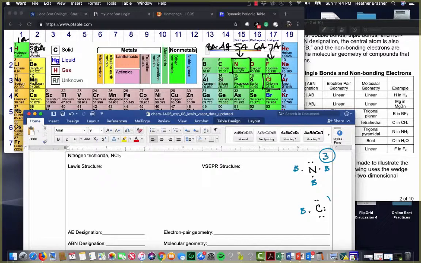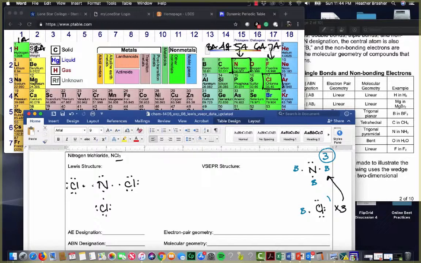Now, if you remember, we don't have just 1 chlorine, we have 3. And if you look, there are 3 spots here where there could be bonds. So let's go over here and write our Lewis structure. We're going to start with the N in the middle, and because we have 3 chlorine, we're going to write those next to it, with the lone electron going towards the atom that we are going to bond it with.